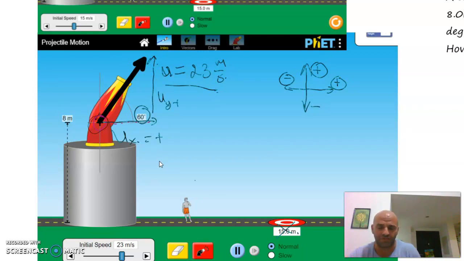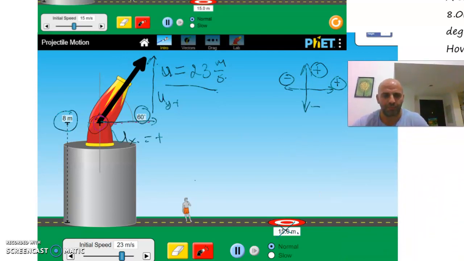Then you've got a height here. Basically what's going to happen is the cannonball is going to be launched up here. It's going to come down somewhere over here. I'm not 100% sure where it's going to land, but it could be over here maybe somewhere.